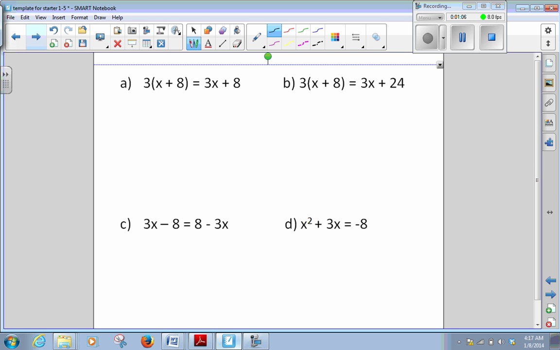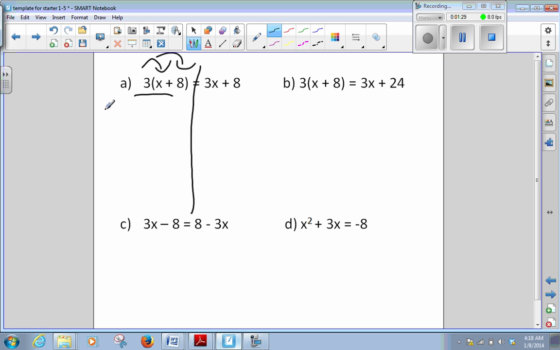So let's figure out which of these four would end up like that. I'm going to start off drawing my little river through the middle so that I remember this is one side of my equation and that's the other side. So I've got 3 times the numbers in parentheses. I have to do my distributive property, so I can jailbreak that x plus 8 and get it out of the parentheses.